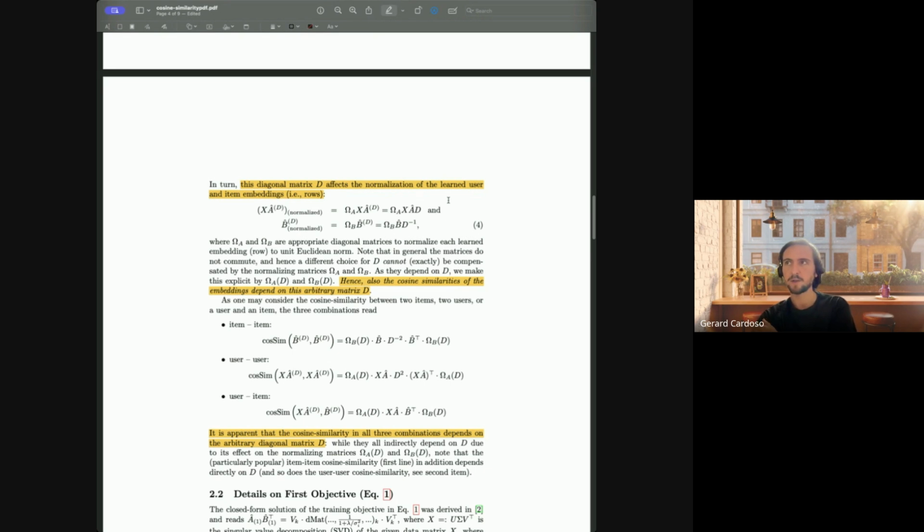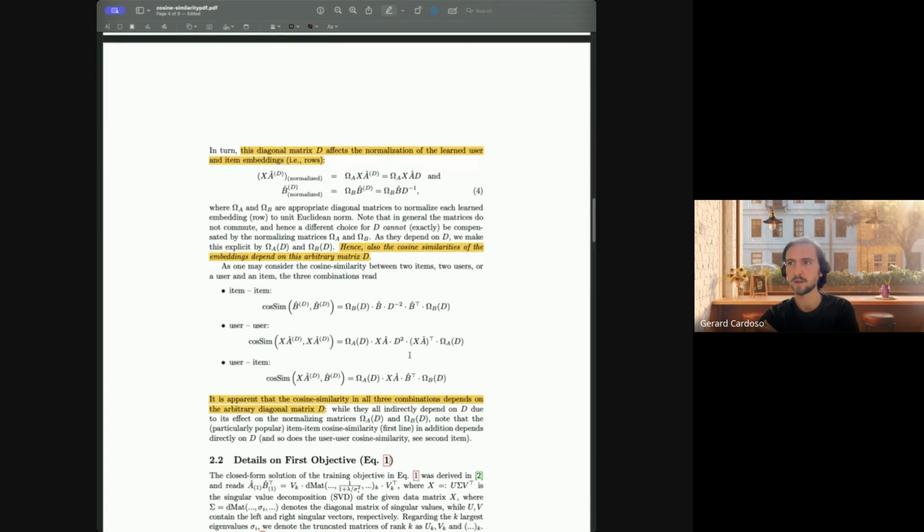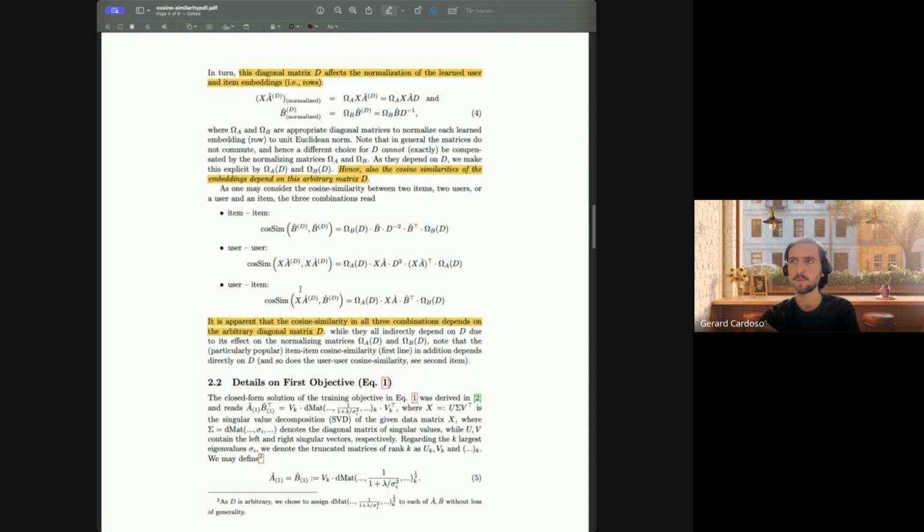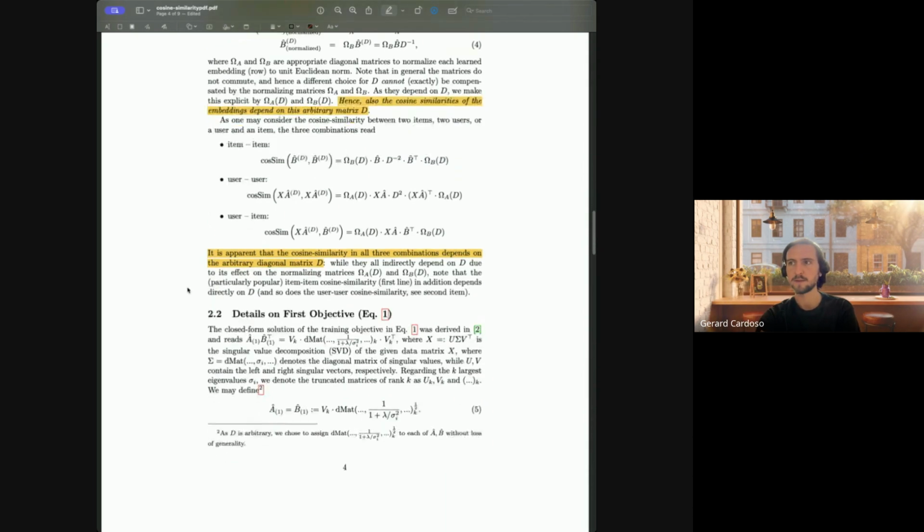Because it affects the normalization, therefore it affects the cosine similarity. So this is what they show here, that looking at item-item, user-user, and user-item, they all depend on this arbitrarily chosen matrix D, which is used to scale A and B. So even though the solution is invariant to the scaling, the cosine similarity is impacted by it.